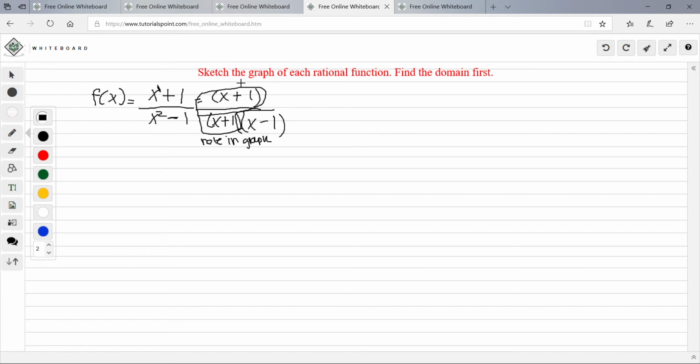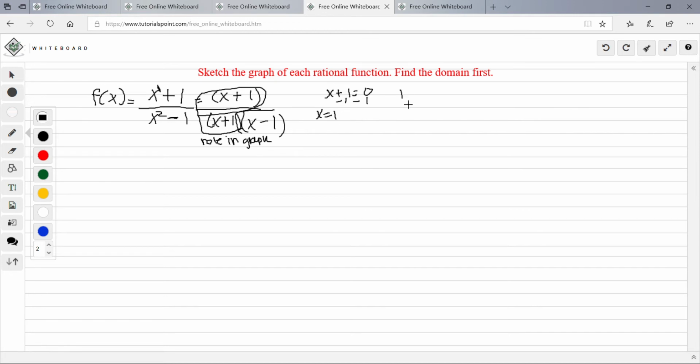First, let's find the hole. Where the two x plus 1 terms cancel, I'm going to set that to 0. So in this case it's x plus 1 set to 0, then solve for x, so subtract 1 from both sides. So x equals 1.